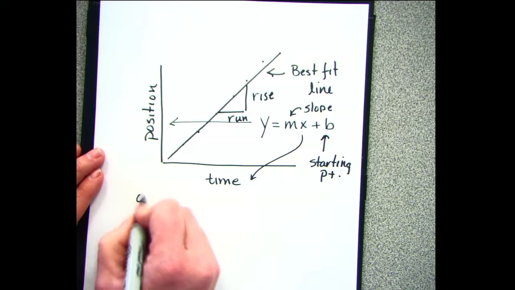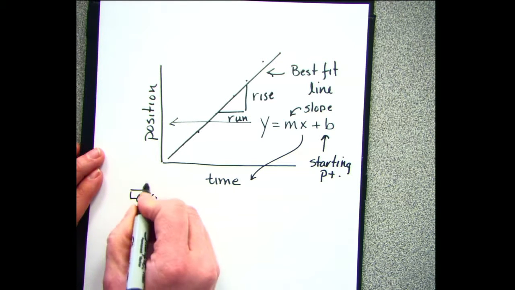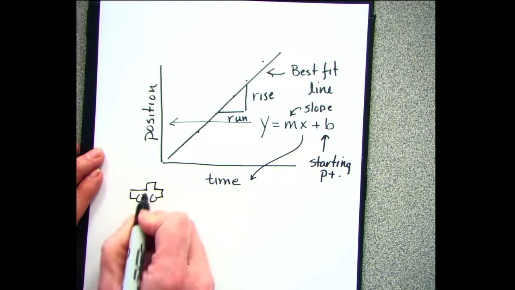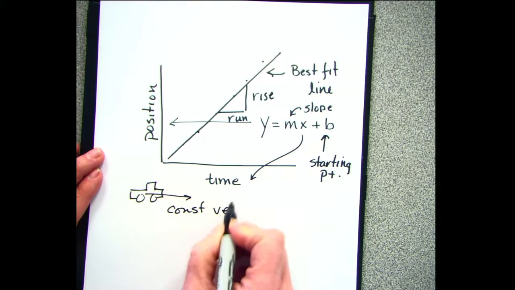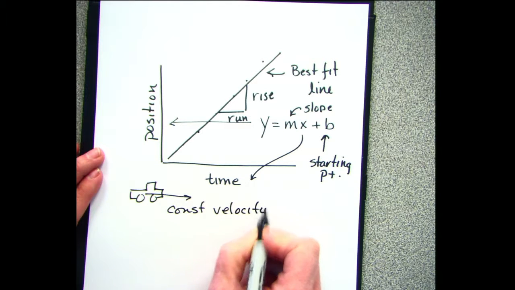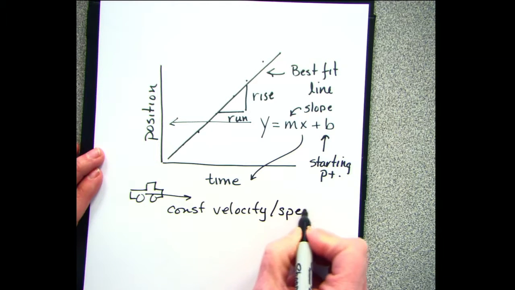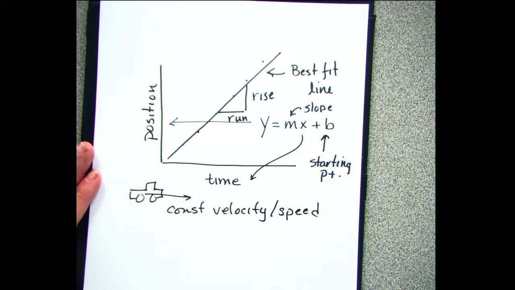So if this is my car or my truck traveling at a constant velocity or speed, we'll talk about the difference in just a second. And this is one of those places that physics gets a bit confusing, because we're going to use speed and velocity interchangeably, but they're not.